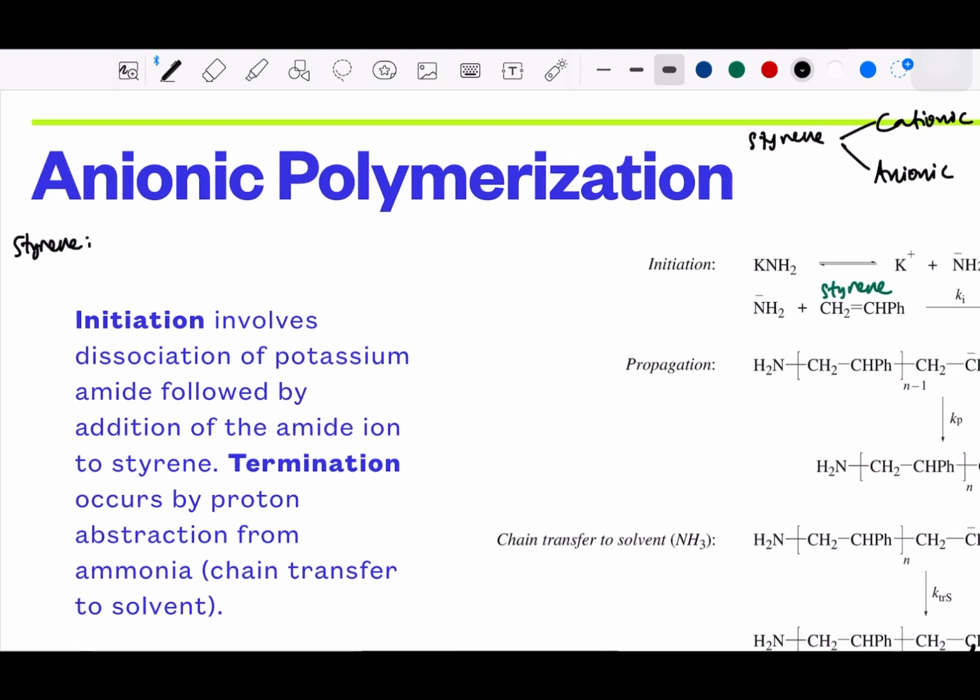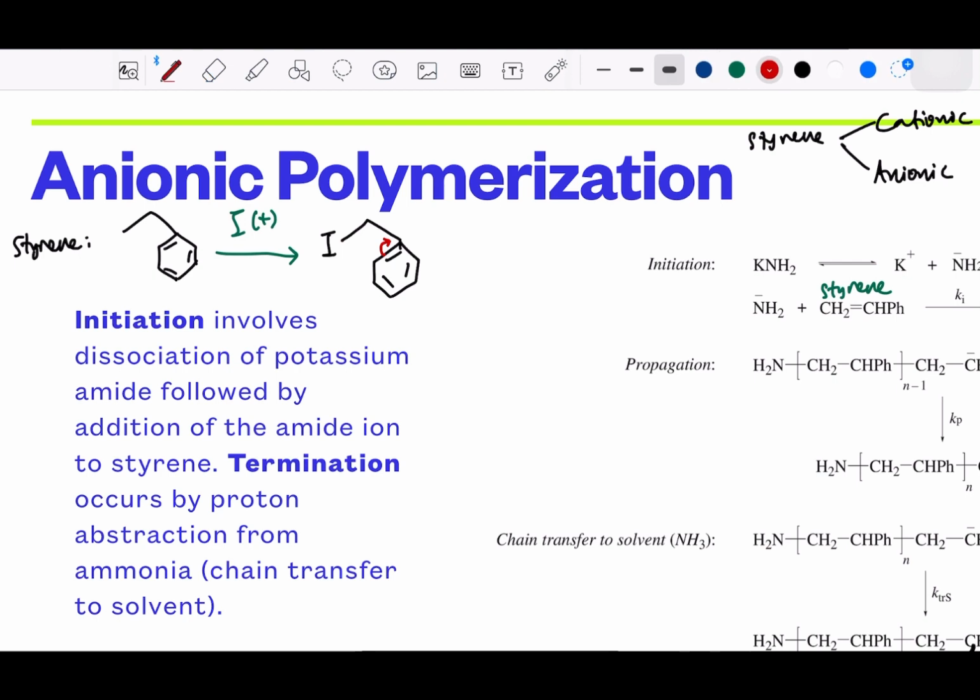If this is a styrene, and we take an initiator that is preparing to be positive, this electron will be taken because of the initiator.